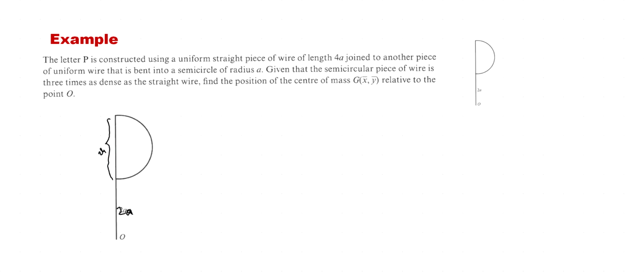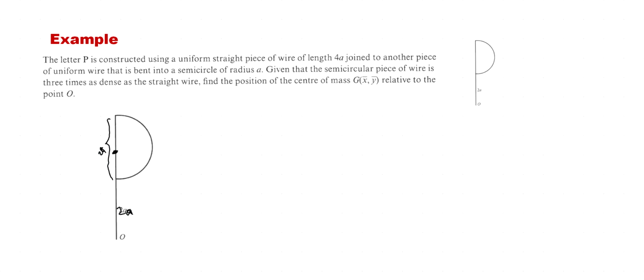Then it is joined to another piece of uniform wire that is bent into a semicircle of radius a. So here is the center, therefore here is a.